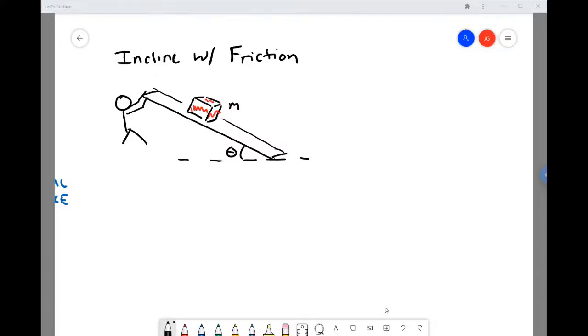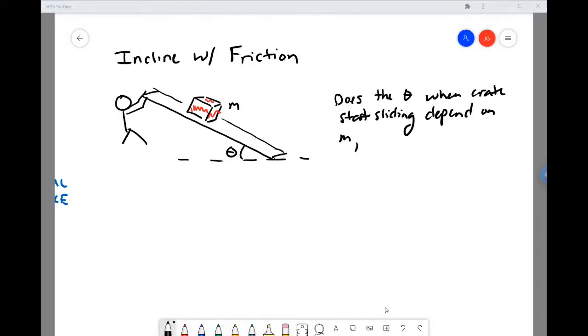So the question here is, let's explore the physics of what's going on. Does the angle when the crate starts sliding depend on the mass of the crate?